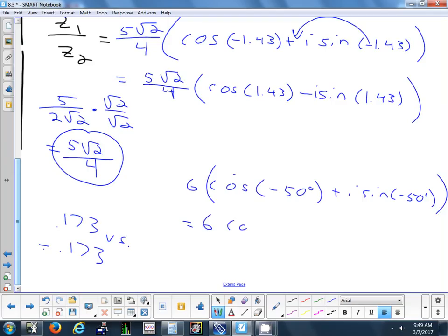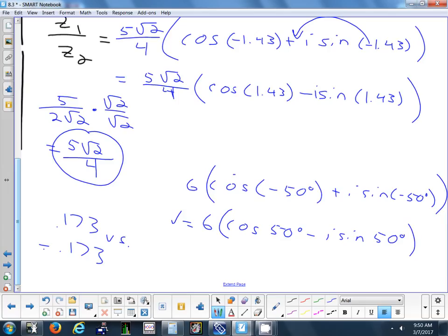Yeah, 6 cosine 50, don't forget your parentheses by the 6, minus i sine 50. That's it. Negative with the cosine, get rid of it. Negative with the sine, move it in front of sine. And they might not even always do that. If you get a multiple choice question on a test and you see that as an answer, but you got what's above, I just want you to see they're the same thing. That's all.